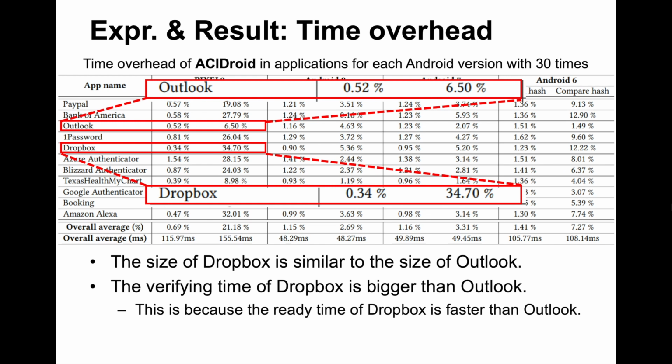The time overhead has a little bit of a wide gap. For example, the verification time overhead of Outlook is slower than the time of Dropbox. This is because the ready time of Dropbox is faster than Outlook. This is also the reason why the hash value registration time overheads of Outlook and Dropbox are very similar.